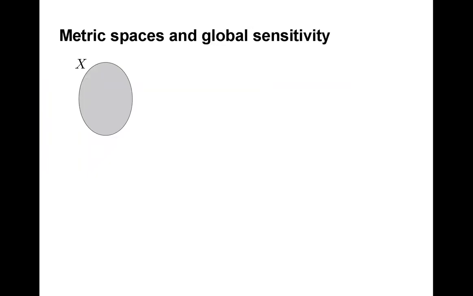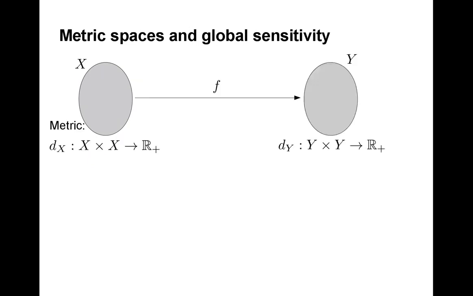The global sensitivity of a function is defined like this. So indeed, we have a set X, which is a metric space, so there is a metric on it, and we have a function into another set, which is again a metric space. And in the simplest setting, the set Y is just the set of real numbers, and the distance between real numbers is just the difference.